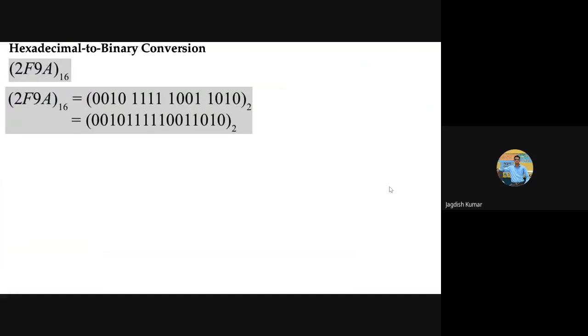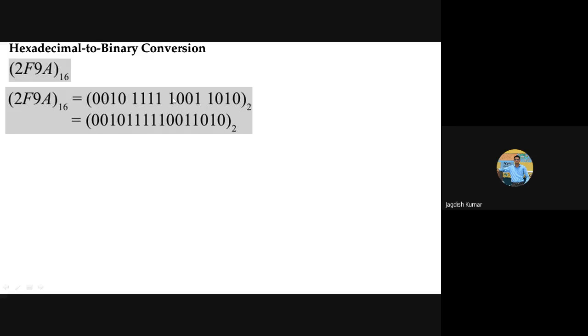So it will be 2F. What we actually have to do is, in the hexadecimal number system, what is 2? It is a set of 4 binary bits. So 0010 is 2. What is F? It is 1111. If you press F on a keyboard, you should get 1111.